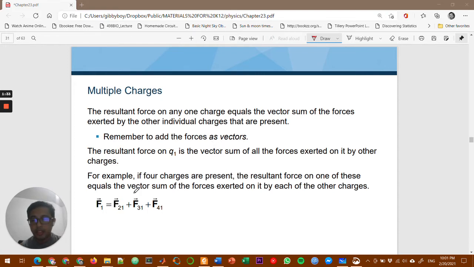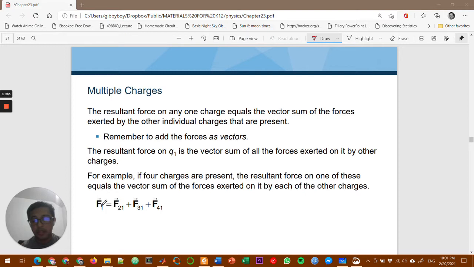So it's like this. As what I said kanina, if we have four charges, then the resultant force on one of these equals the vector sum, or you just add the individual forces, the force contributed by each charged particle.